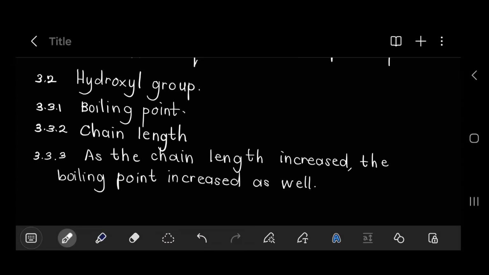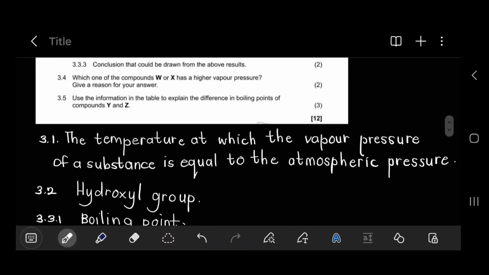So this is what we've observed. And another way of saying this is that chain length and boiling point are directly proportional.